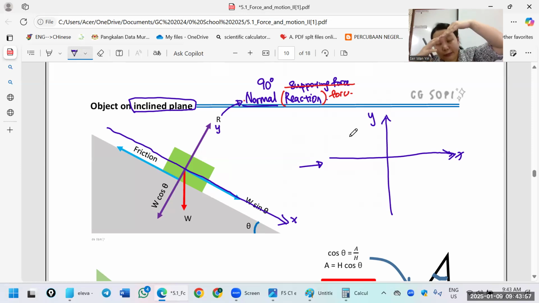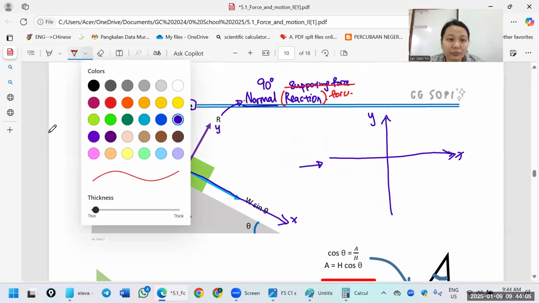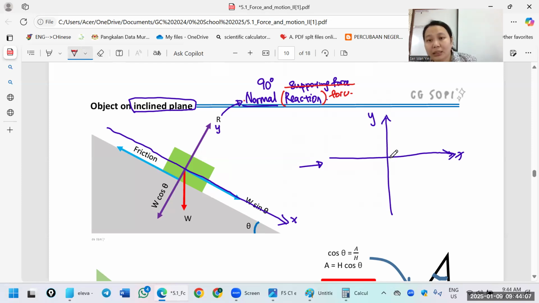And if you use this XY axis, make it upright, what does it mean? It means now the weight will become a hypotenuse. I always want to say hypothesis. If you hear me say hypothesis, I'm saying hypotenuse.